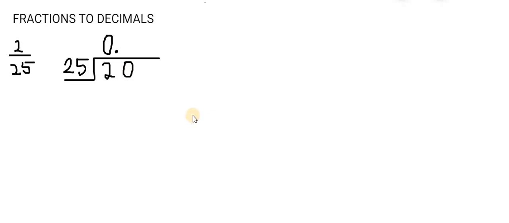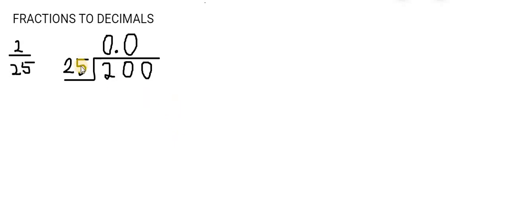Now, how many 25's in 20? That's still 0. This time, because we've added 1 0 to the point, the free 0 that the point gives us, and we checked, it's still 20 divided by 25, that's still 0. There's no 25's in 20. So, we put that 0 there. So we add another 0.